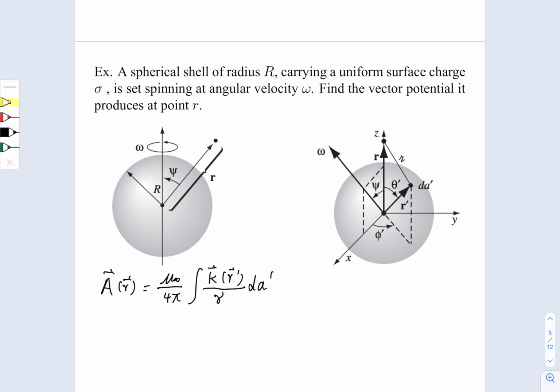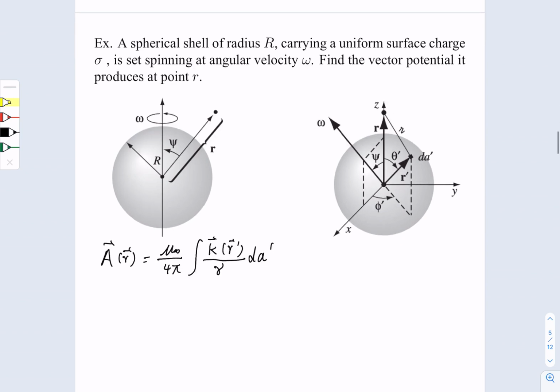Here there is only a shell of charge, and this shell of charge moving will generate the surface current. This surface current is simply the surface charge density times the velocity of this charge.